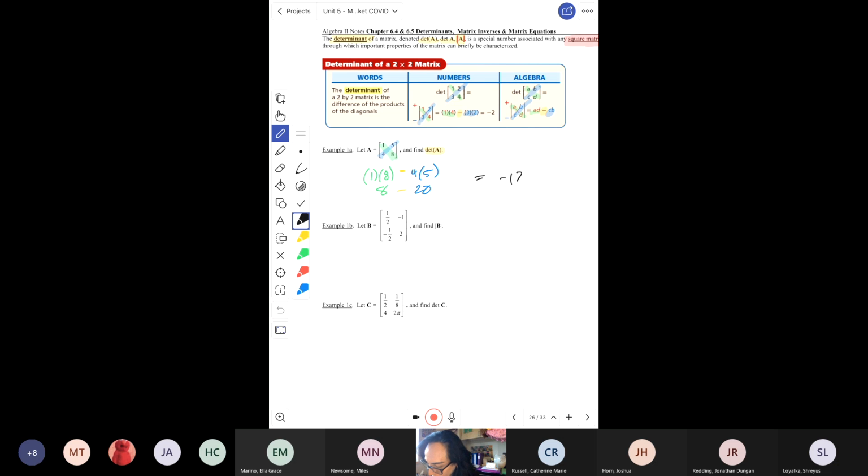All right, let's try the next one. I'm giving you the matrix B and I'm asking you to compute, notice that, I'm just saying find that. And you have to know that means I'm asking you to find the determinant. Look at the main diagonal, multiply those elements, subtract the product of the cross diagonal elements.